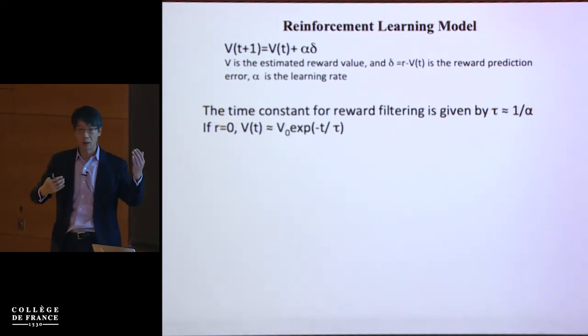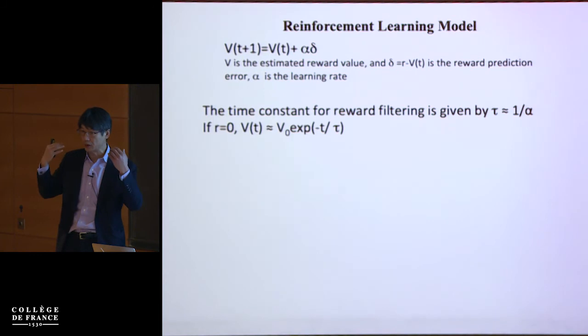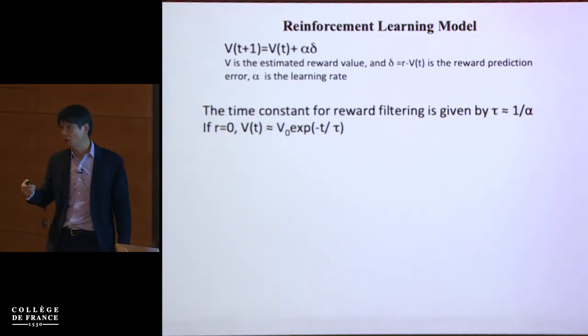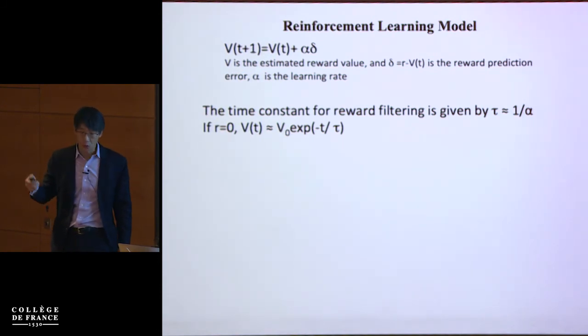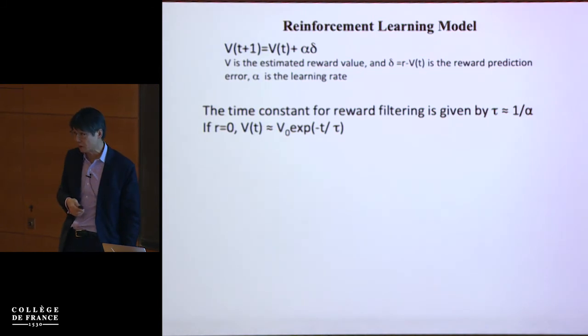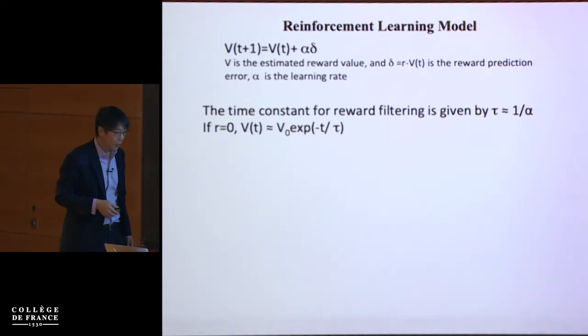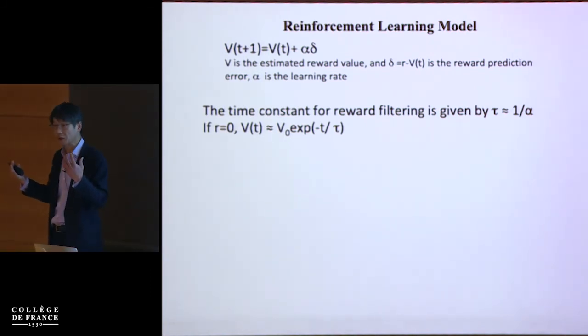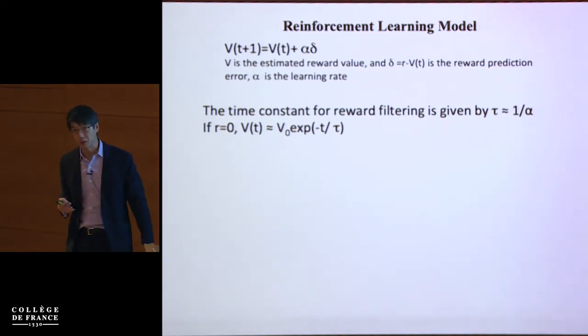So there's this idea that if the environment you are facing is stable, like in a stock market, everything is stochastic, but the statistics is stable, then you're supposed to use a long tau, a low learning rate to learn about the statistics of the environment. On the other hand, if your environment is very volatile, things changing, even the statistics change all the time, now it doesn't buy you to integrate the information.